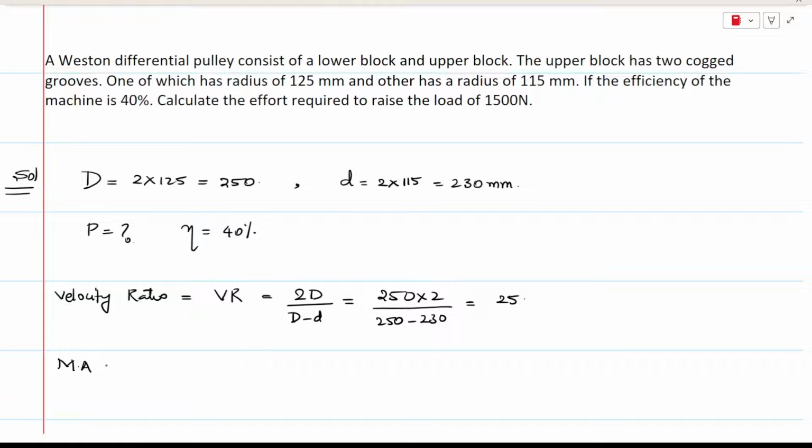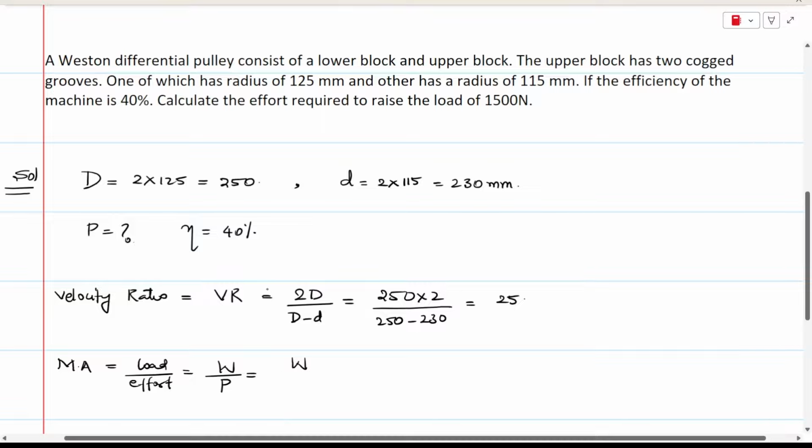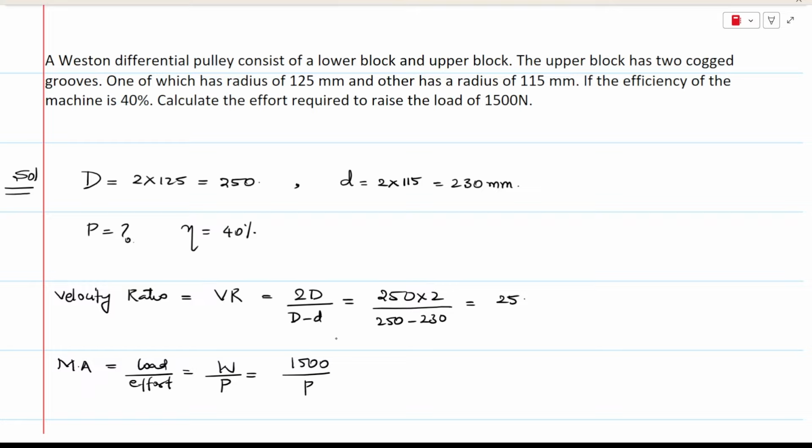And next is mechanical advantage. Mechanical advantage, which is generally expressed as load by effort, that's equal to W by P. W is 1500 and P is not known, but efficiency has been mentioned.